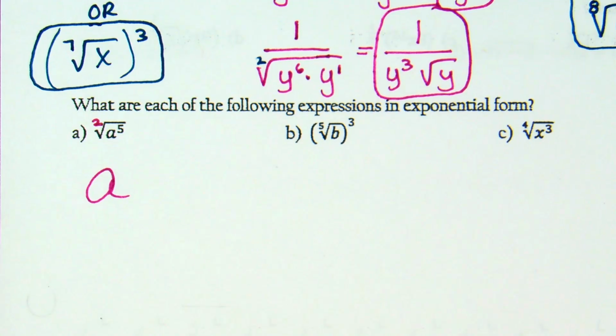B. 5th root of b raised to the 3rd. B to the 3/5, he suggests. 5 is my index, so it is my denominator. So b to the 3/5.